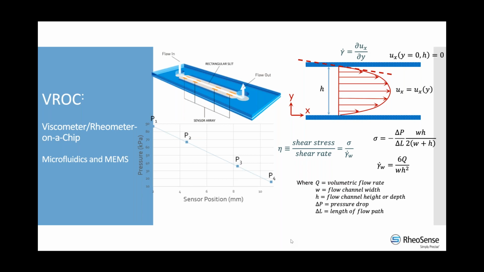Since we know the geometry of the channel, we can calculate shear rate from the flow rate and the dimensions of the channel, or width and depth of the channel. And knowing the pressure drop and dimensions of the channel, we can then calculate shear stress. And shear stress divided by shear rate gives you viscosity. This is how we calculate viscosity. So we can control shear rate, measure shear stress, and calculate viscosity.